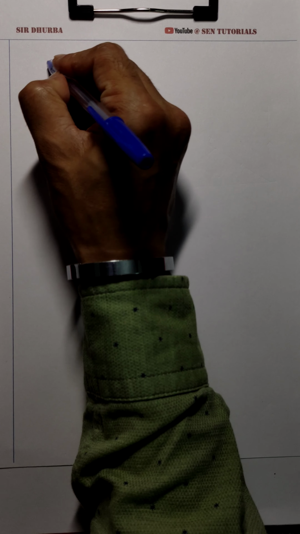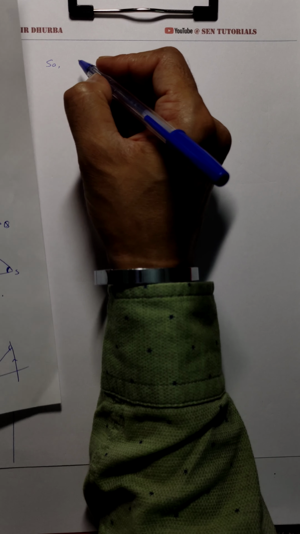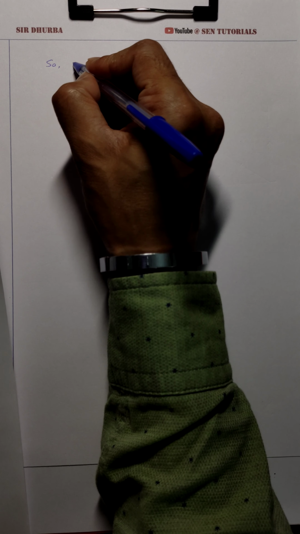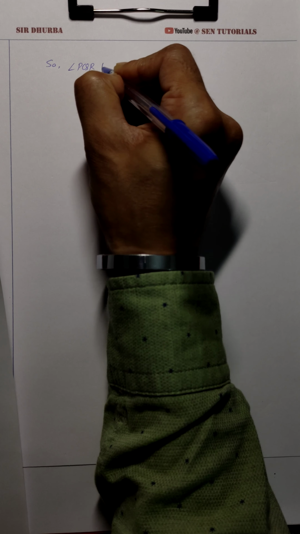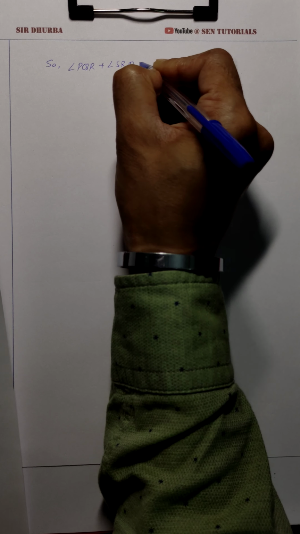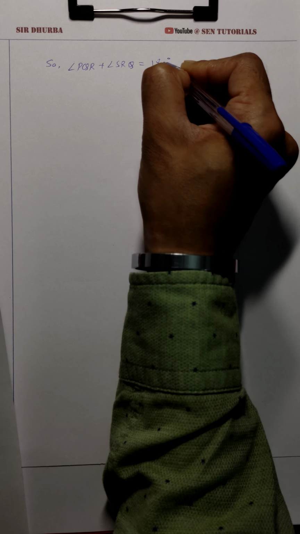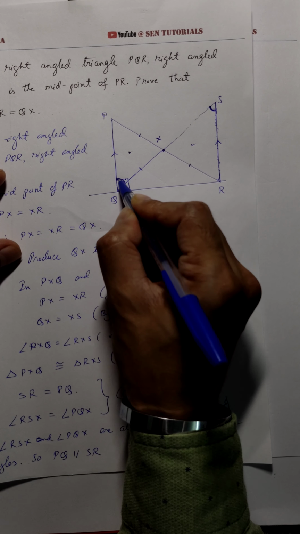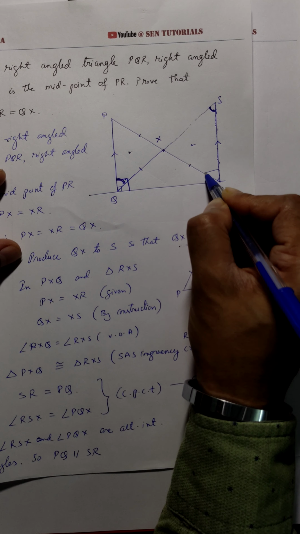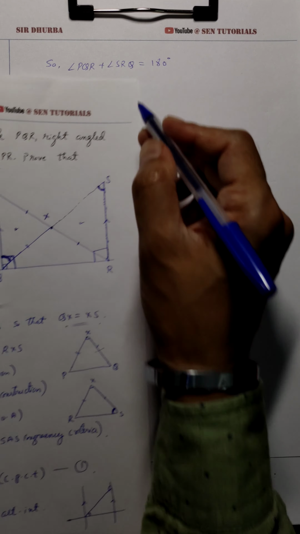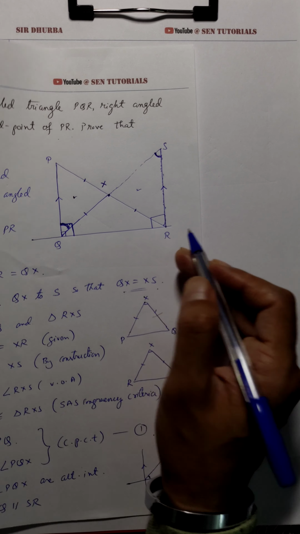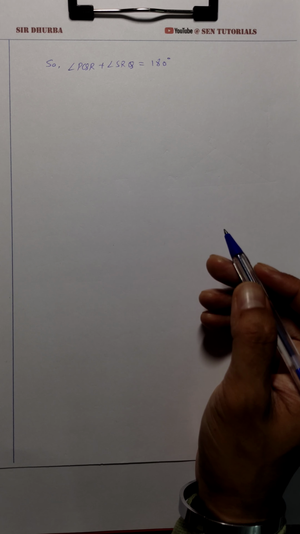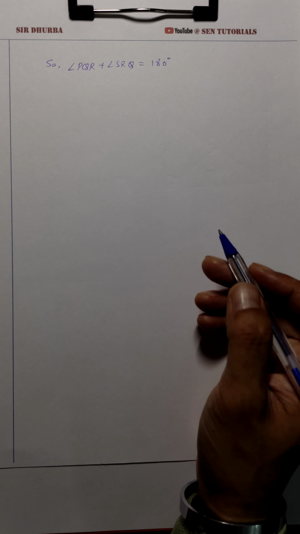Using that same reason again, angle PQR plus angle SRQ would again be equal to 180 degrees. The reason is the same one that we wrote for the last question. What was the reason?